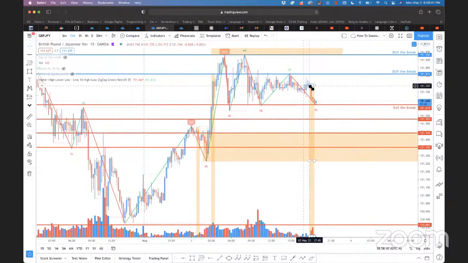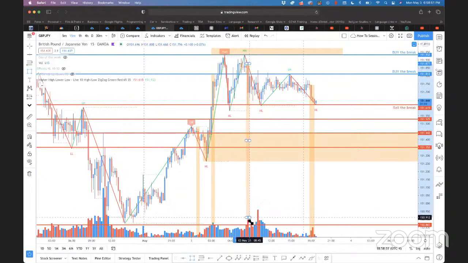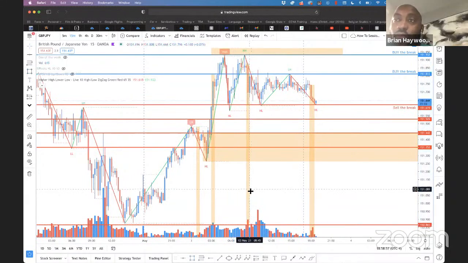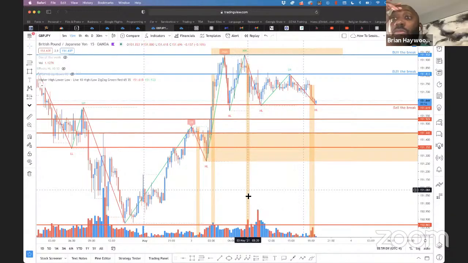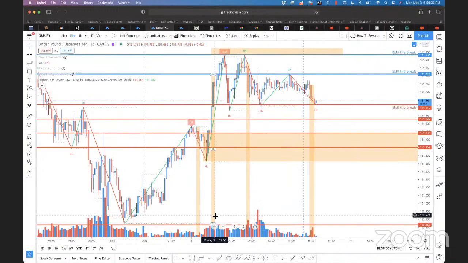Versus, you see this bearish engulfing? Look at this bearish engulfing right here. Look at this one right here. Look at the volume on that candle. The volume on this particular candle came in at 1,127 as compared to the high previously of 937 on this candle right here.